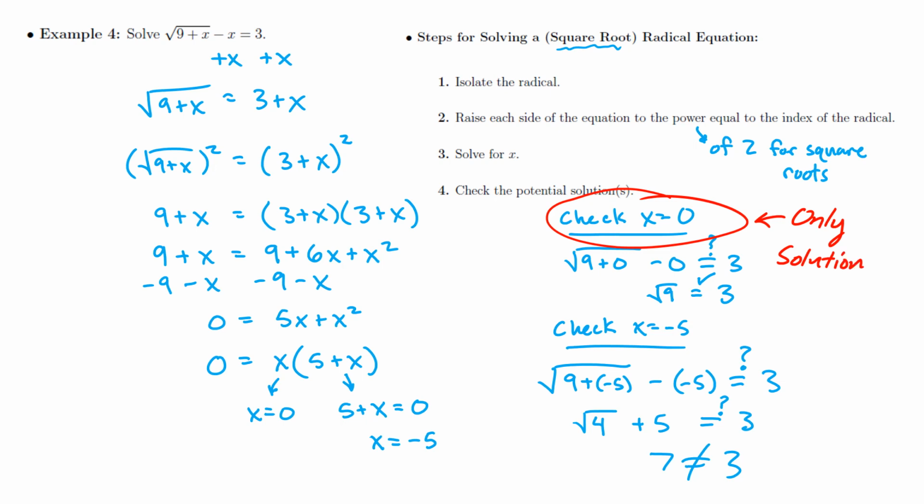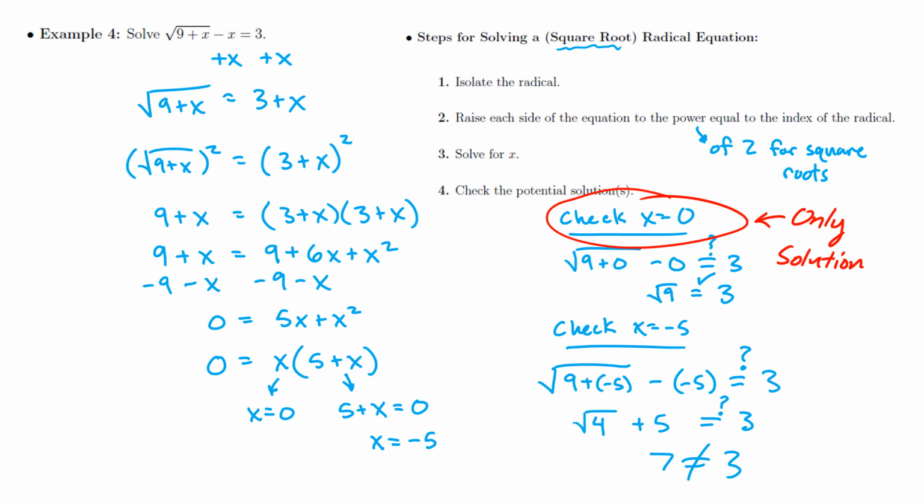This can happen when you're solving radicals where you end up squaring variables on both sides like we did right here. Now what's occurring is it's possible by the way that we did the algebra to turn a false statement into a true statement. And here's what I mean.